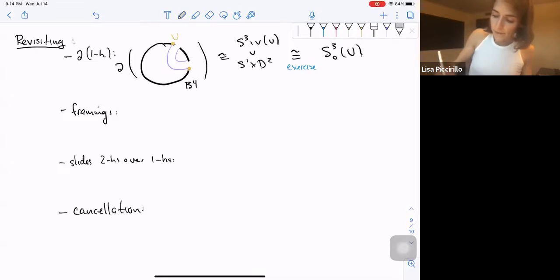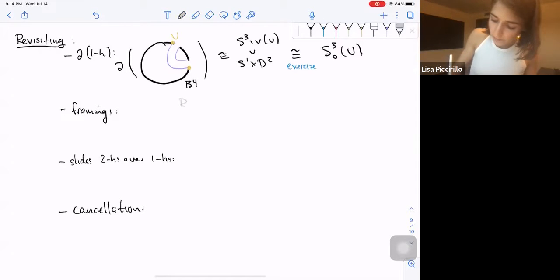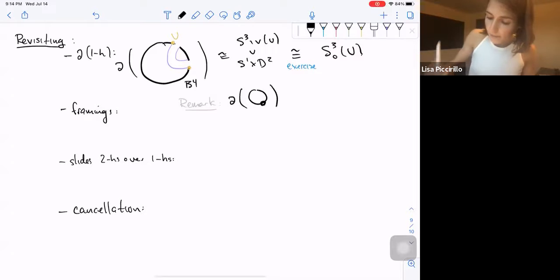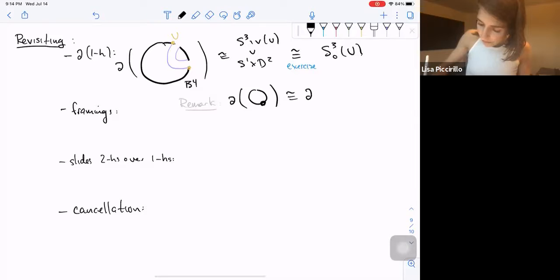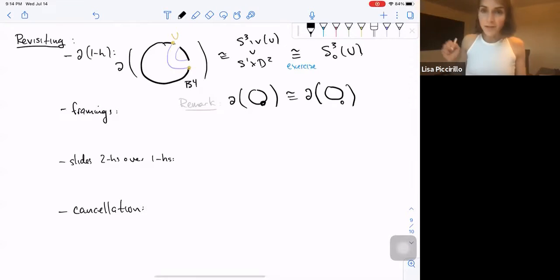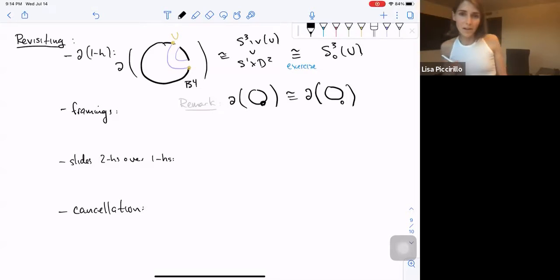Okay, and there's one remark I want to make to close us off, which is that the boundary of a 1 handle in our new notation, we just saw, is going to be the 0 surgery on the unknot. And that's exactly the same thing as the boundary of the manifold you get by attaching a 0-framed 2 handle to the unknot.